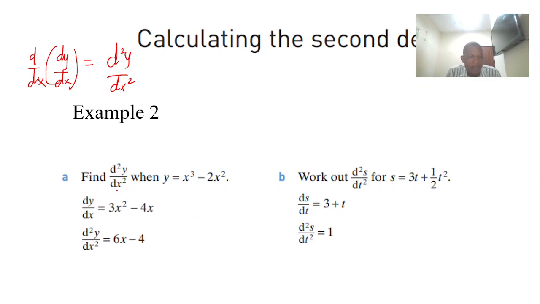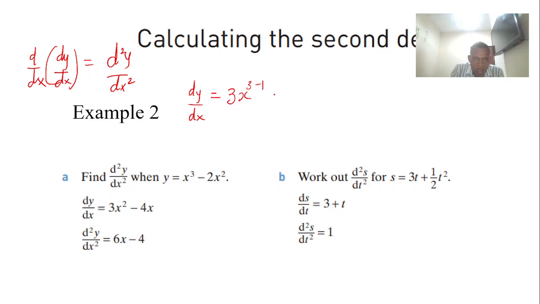Now A says find d squared y over dx squared, when y equals x cubed minus 2x squared. What you do is you have to find the first derivative first. So let's get dy over dx first. If I differentiate x cubed, 3 comes to the front, then subtract 1 from 3.